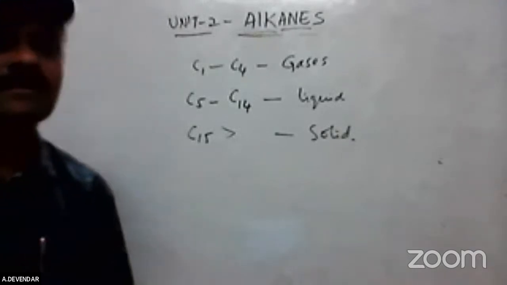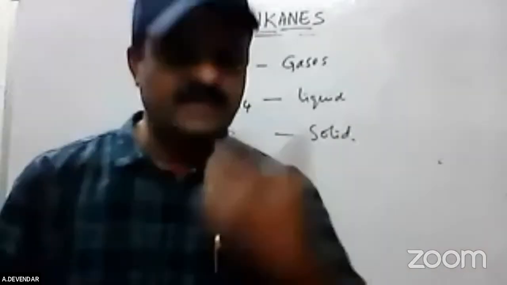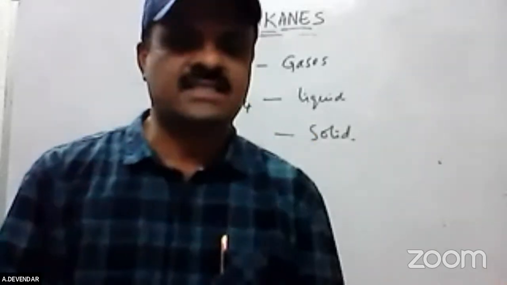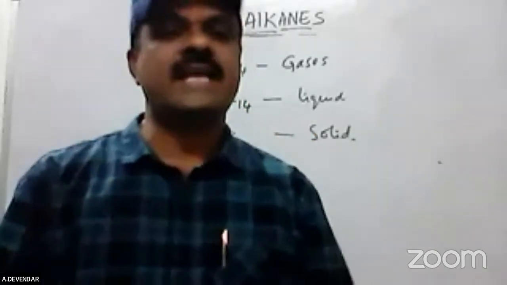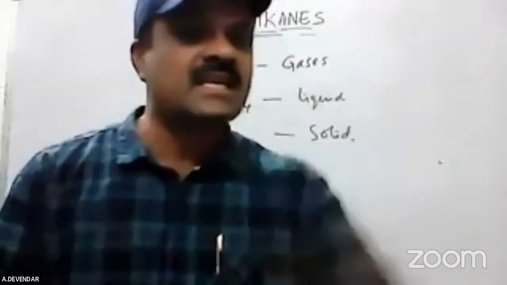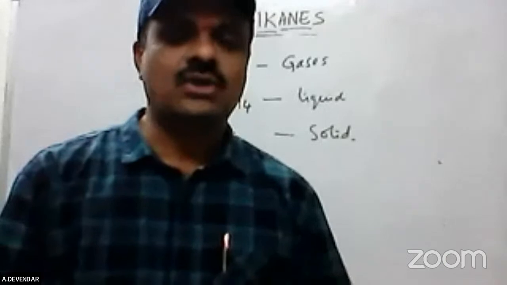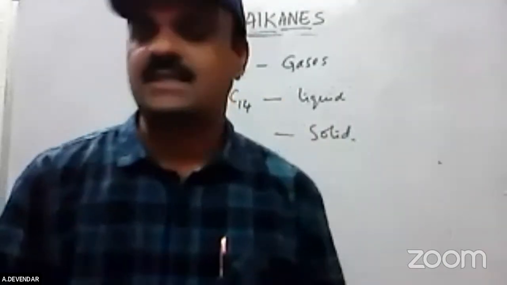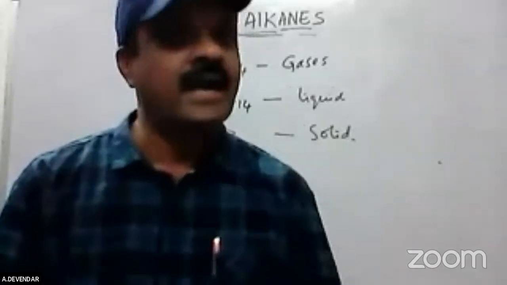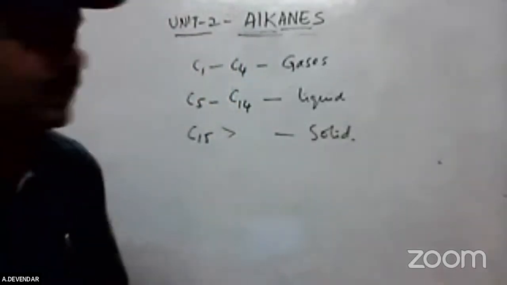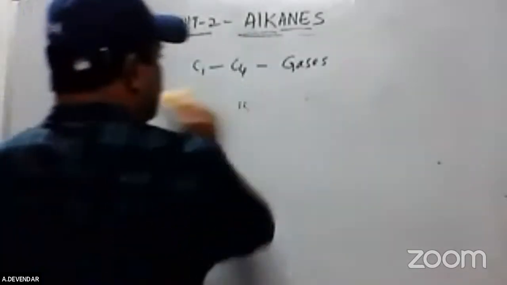If you inhale it, the poisonous gas enters, and the hemoglobin that is carrying oxygen immediately becomes deoxyhemoglobin. That means the oxygen carrying capacity decreases immediately in our body. So after a few seconds of inhaling methane gas, the person will faint, or sometimes even die. This is the case of methane gas. This is about the general or physical properties of alkanes.